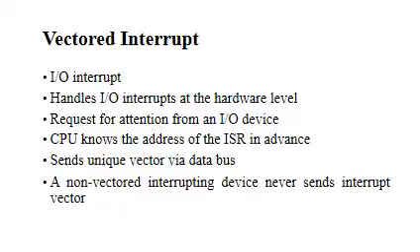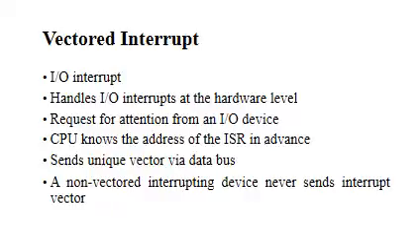A vectored interrupt is where the CPU actually knows the address of the ISR in advance. All it sends is that the interrupting device sends its unique vector via a data bus and through its I/O interface to the CPU. The CPU takes the vector, checks an interrupt table in the memory, and then carries out the correct ISR for the device.